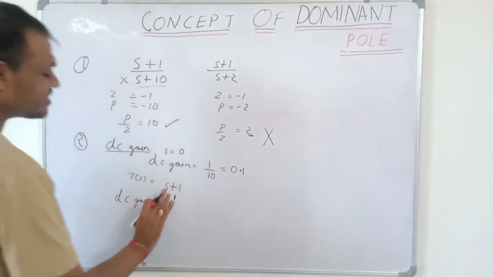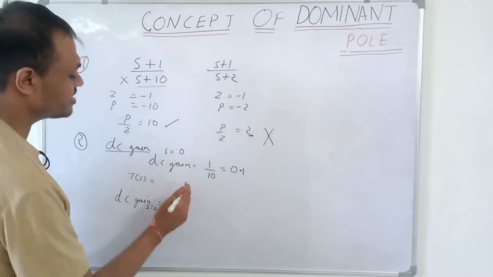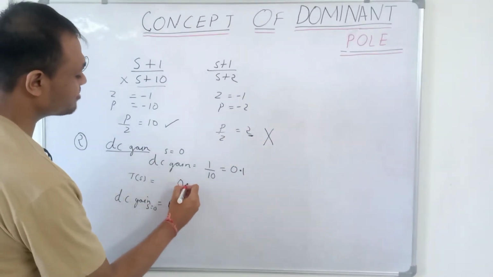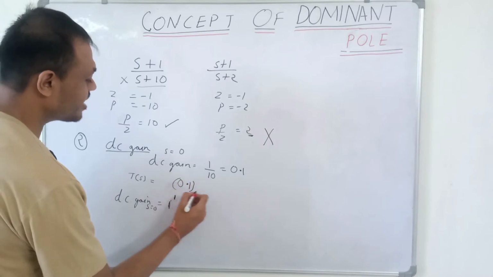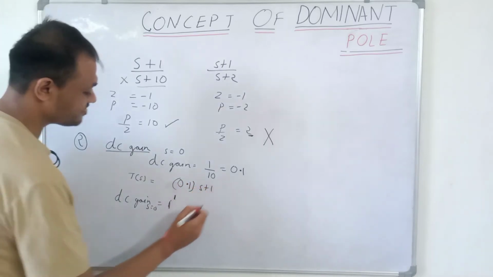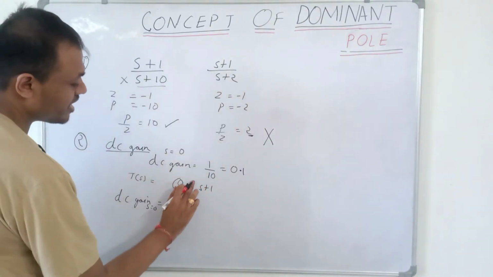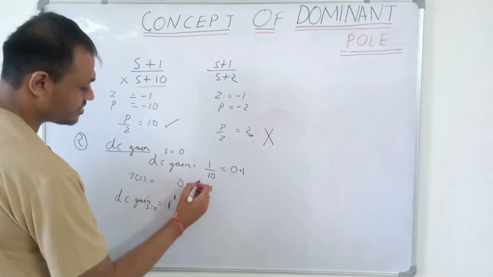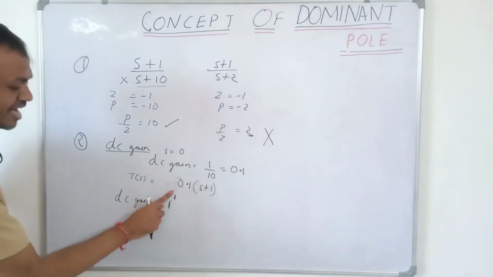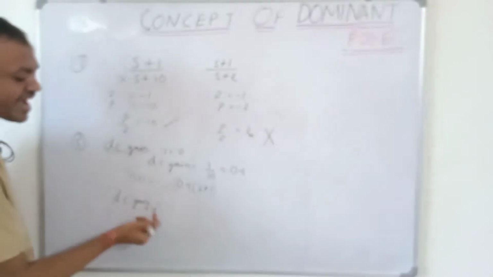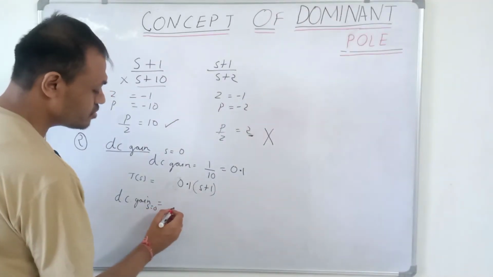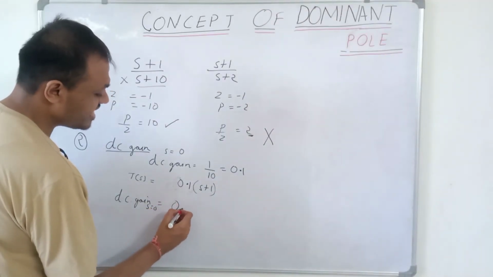So we have to multiply this transfer function by 0.1. So when we multiply this transfer function by 0.1, then it becomes 0.1 multiplied by (s plus 1). Now if we find the DC gain by putting s equal to 0, the DC gain is 0.1.